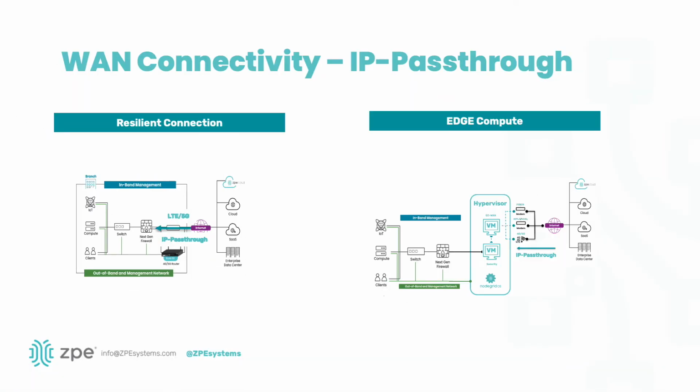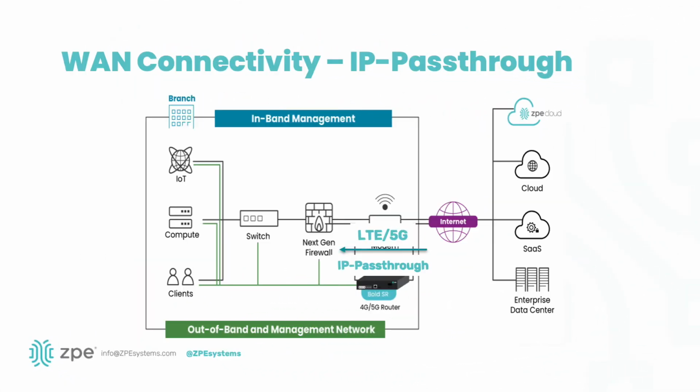With Nodegrid 5.6, we utilize our existing IP pass-through functionality to extend from the resilient connection use case, which we had already for the last couple of releases, over to the edge compute use case. Let me first give you a short recap of what the existing IP pass-through functionality provided you with.